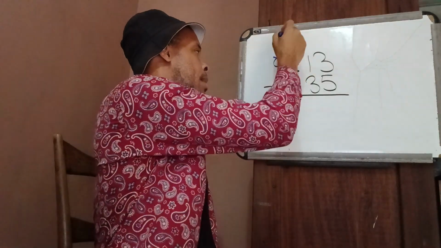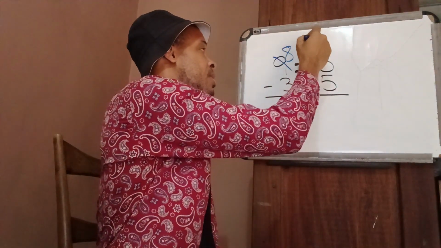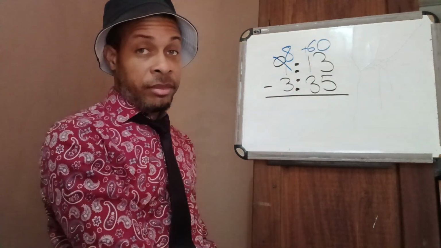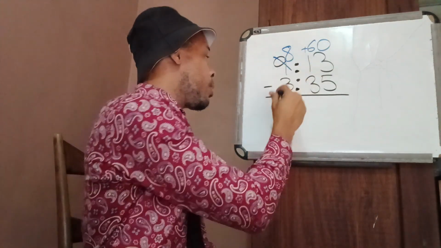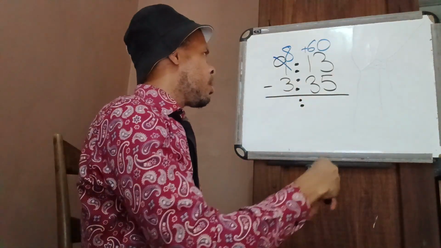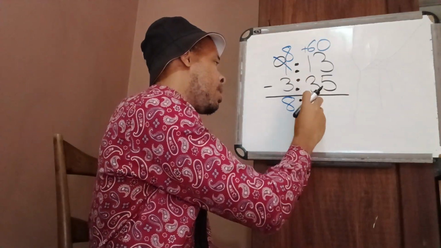So what we're going to do is minus 1 from that and take 60 and add it to this. So now this is going to become, so we're going to have an 8 here.